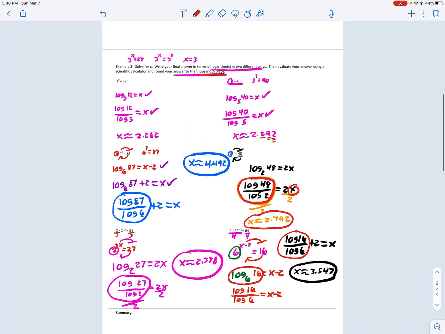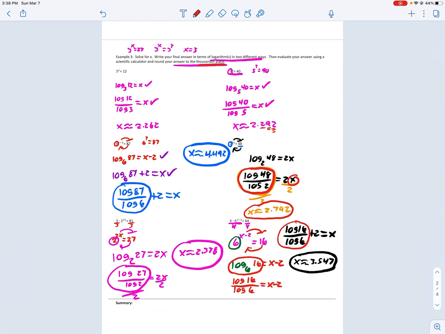So the whole idea behind this worksheet or this set of notes is when you can't get the same base, you can always go into log form, use the change of base theorem, and use your calculator. Now, we will try to avoid that as much as possible. But sometimes it's going to happen, especially when you start applying logarithms to real world problems. They often don't come out to nice whole numbers, so you have to use some type of electronic device to help you.